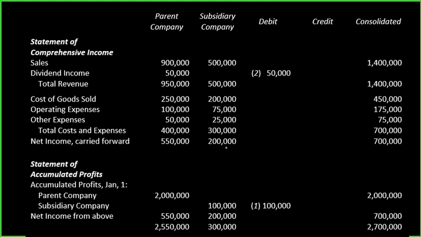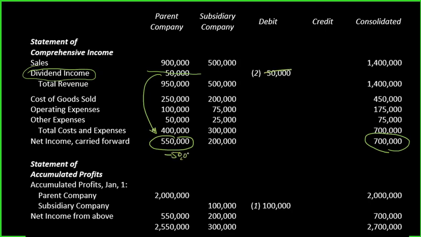What do I mean by income from its own operation? It will not include the dividend income. So you simply remove that and then add everything and you will get 700. Why 700? Because this 550 includes this 50, and by making the elimination entry, it is gone, minus 50,000. So you will now have 500 plus 200. So that's it.